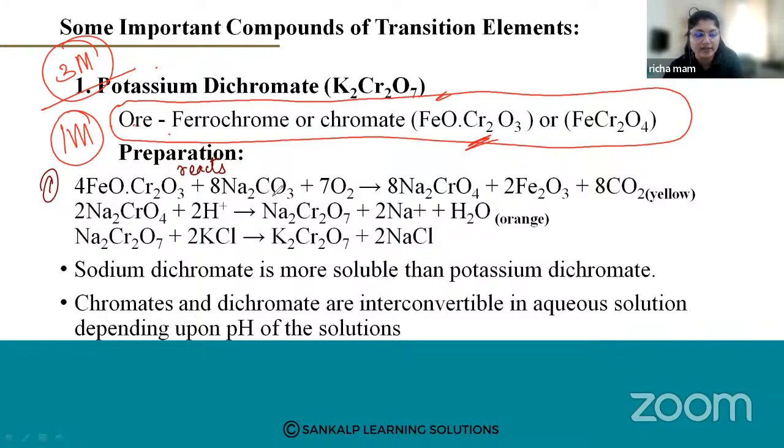I hope you are writing down the steps. Very important. The chromite ore is fused with sodium carbonate, Na2CO3, or potassium carbonate, K2CO3.